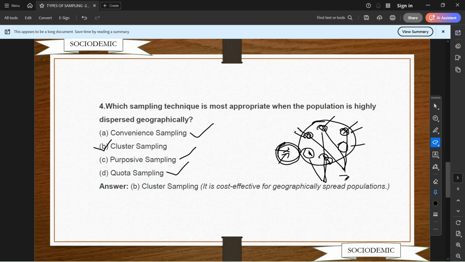So 3, 3, 3. We are giving an equal quota to every group. That is called quota sampling. Okay, friends. Cluster sampling is cost effective for a geographically spread population.